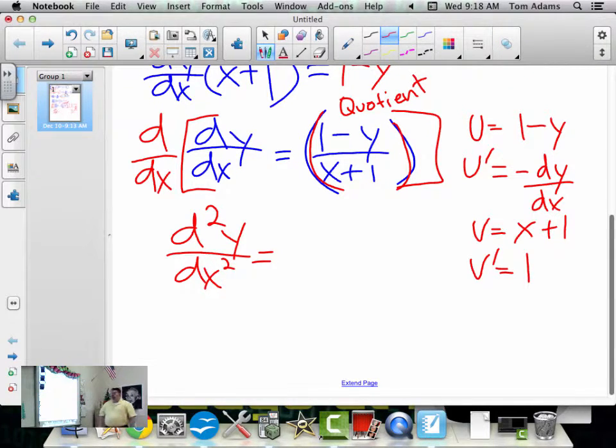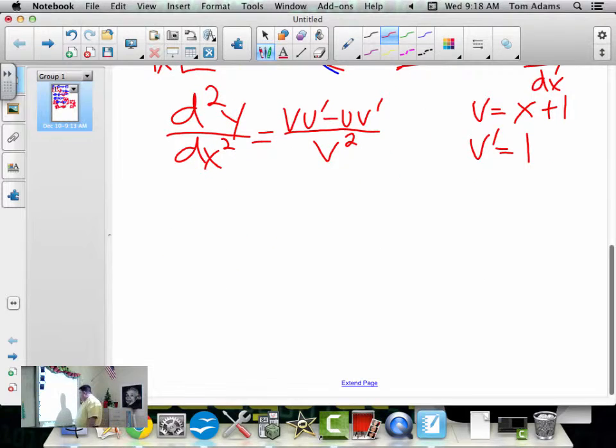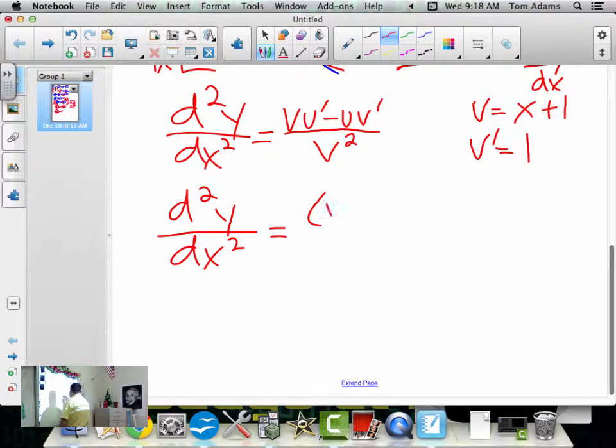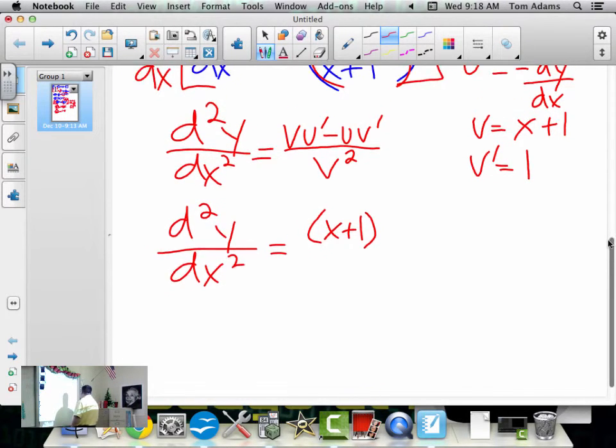Now, who remembers the quotient rule off the top of their head because you studied it for the test? V times u prime minus u times v prime all over the square, v squared. So from this point, we just got to plug that information in. So this is equal to v, which is x plus 1. u prime was what? dy dx?